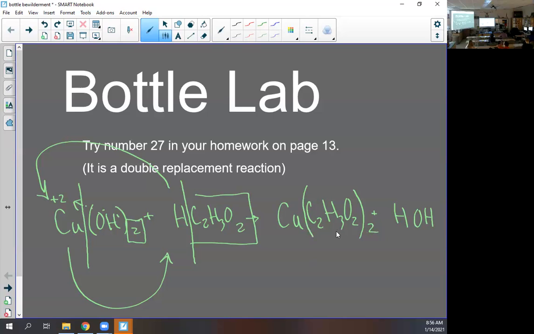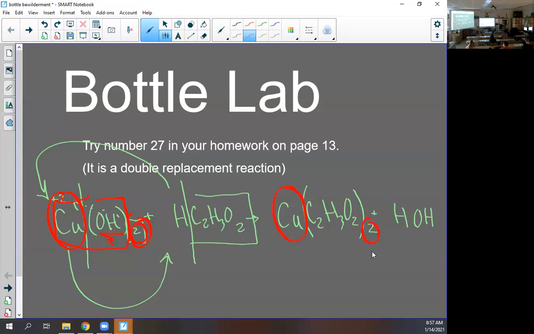All right, so look at the screen for a second. In these relationships, remember the subscripts come from the other person. So the 2 does not belong to OH. The 2 belonged to copper's partner. Copper's partner. Okay?